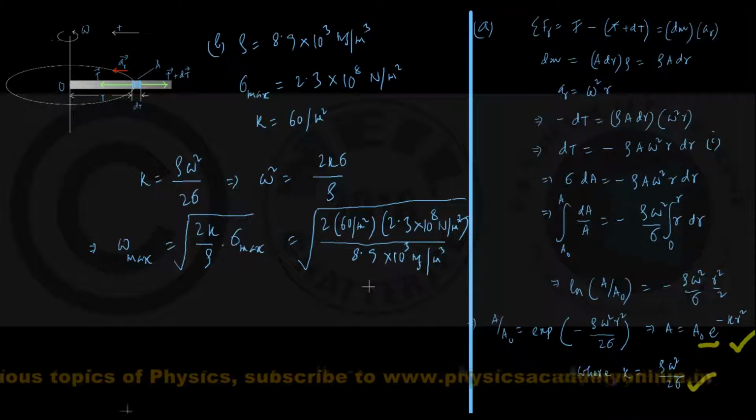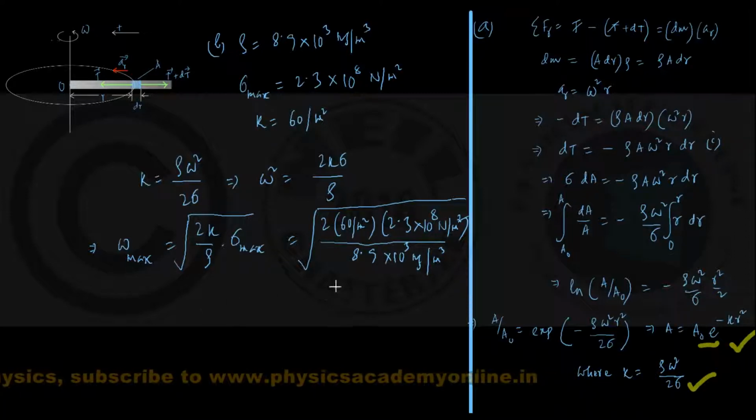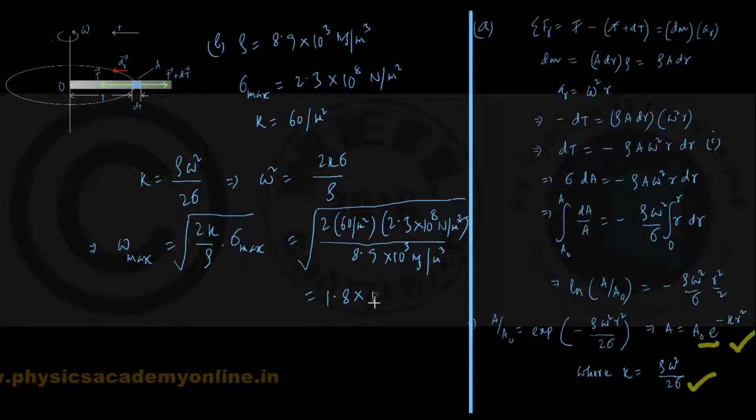Remember, the whole thing is under square root. Make the calculation and show in two significant figures the value of omega max I am getting to be 1.8 into 10 to the power 3 radian per second.